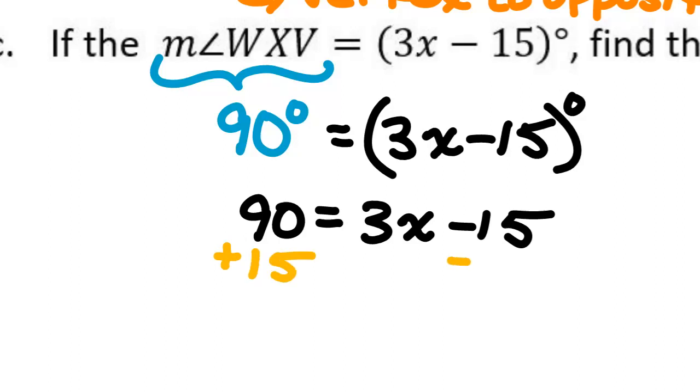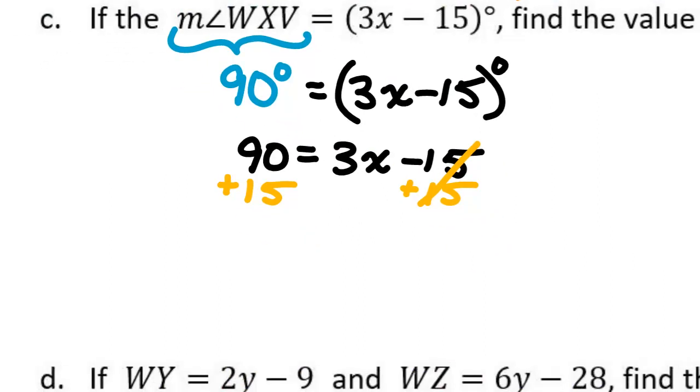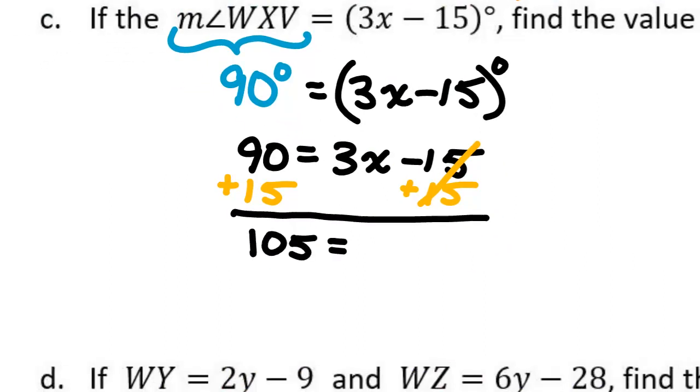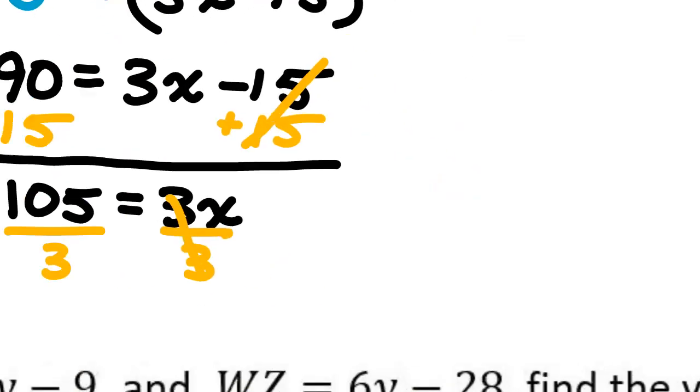We're going to add 15 to both sides. 90 plus 15 is 105. And then we divide both sides by 3. 105 divided by 3 is 35. So x is 35.